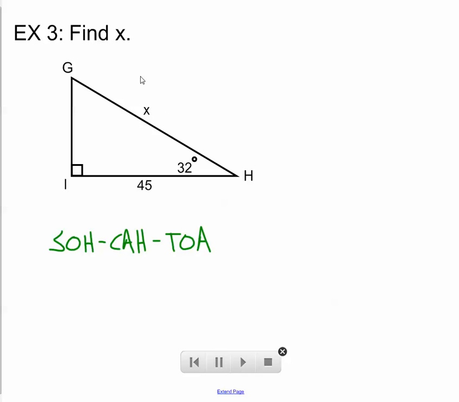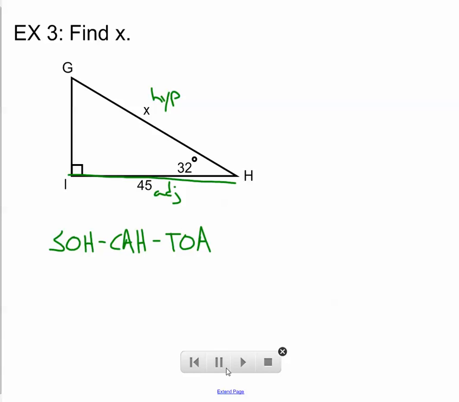The first thing I always look at is the side that they're asking me to find. This time they're asking me to find the hypotenuse, so I'll label it hypotenuse. And then the second thing I look at is which side I'm given. Sometimes I'm given both the other sides, but if I'm given this 45, what is that in relationship to this 32-degree angle? It is the adjacent side.